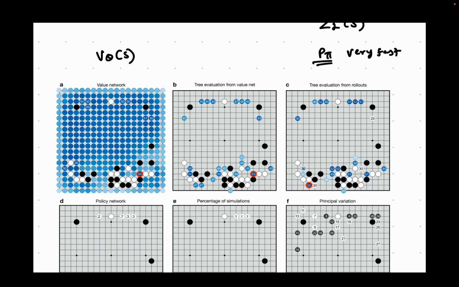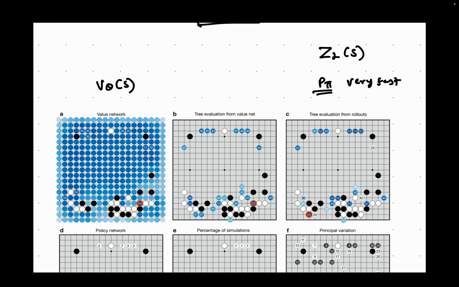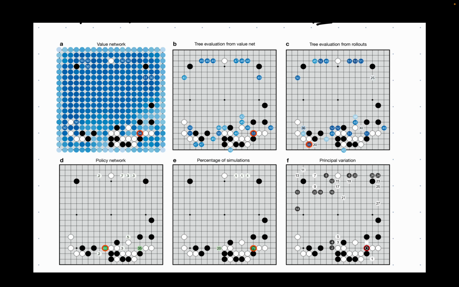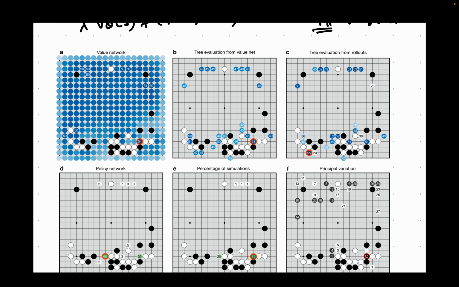Now what you do is you basically do a weighted sum where you give some lambda importance to v theta, plus 1 minus lambda importance to the rollout probability, and then this is what your value network looks like. And then it further trains down the line to refine again and again. So it basically starts from this value network.